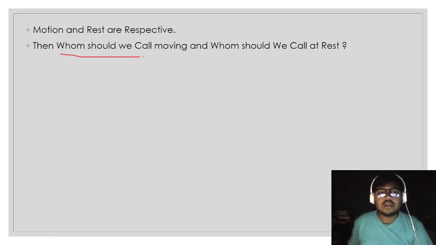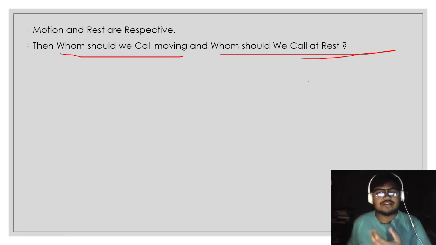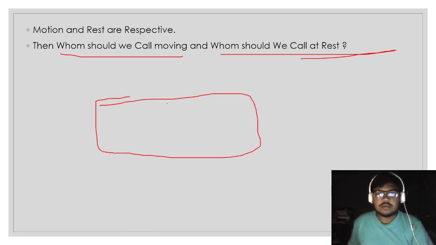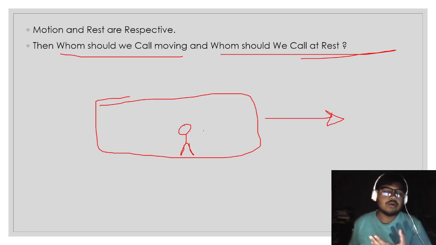Now another question arises. Whom should we call moving and whom should we call at rest? It's actually an easy question, because we choose the case that makes things easier. Now consider the case of the train. If we have to calculate seeing from your frame of reference, that you and the train are at rest and the whole world is moving, the calculation will be more complex.